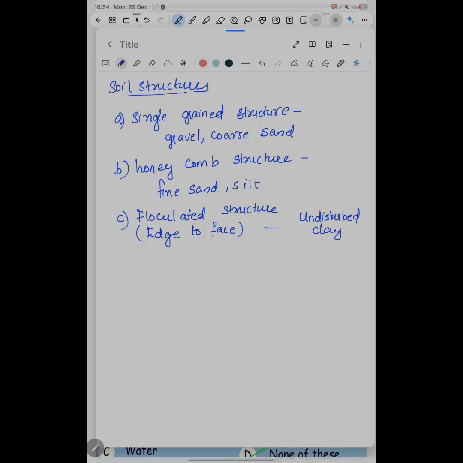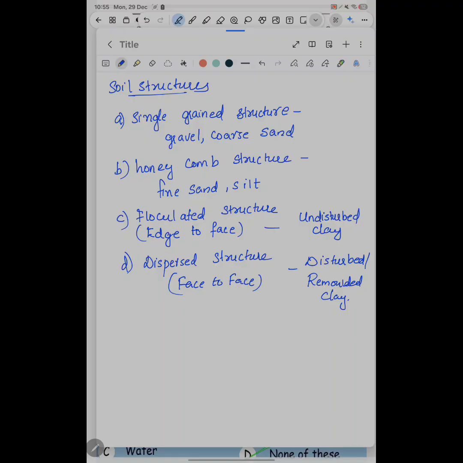And the fourth one is dispersed structure. This is face to face structure or dispersed structure. This is for disturbed clay or remolded clay. These are the 4 types of soil structures: single grained structure, honeycomb structure, flocculated structure and dispersed structure.